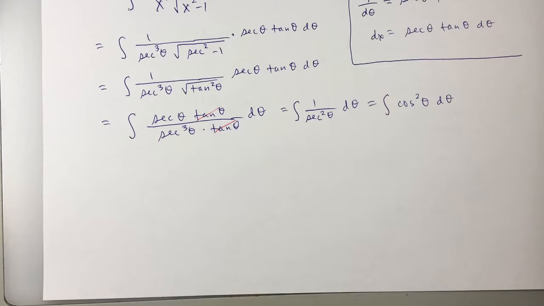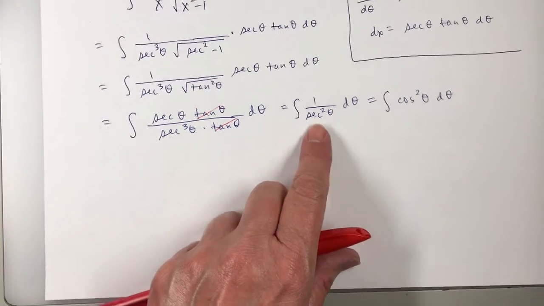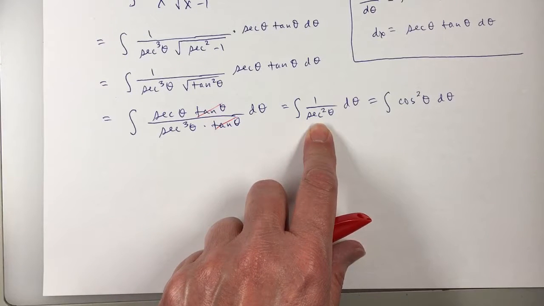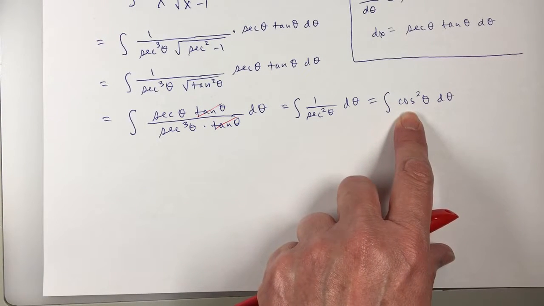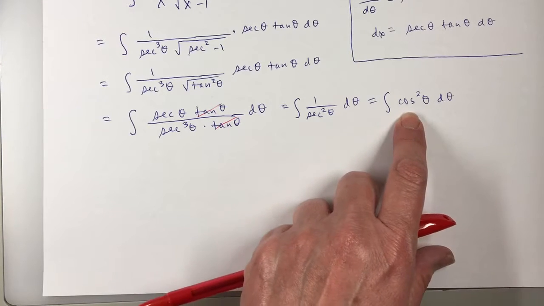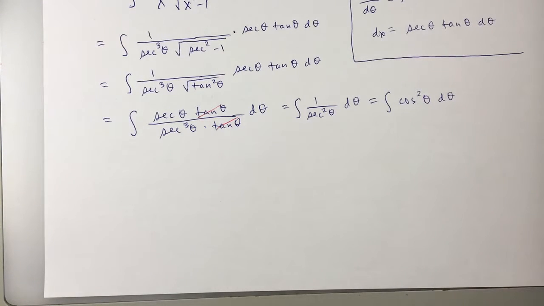You're saying cosecant? Yeah, that's cosine. You wrote cosine. Should be cosine, right? 1 over secant squared theta is cosine. Did I say the wrong thing? Okay, all right. Thank y'all for correcting that. So 1 over secant squared theta is the same as cosine squared theta.